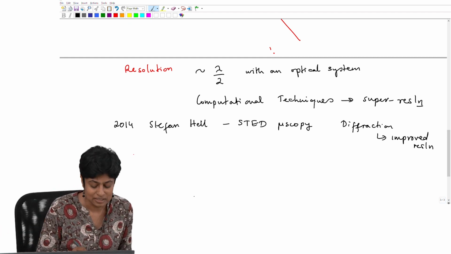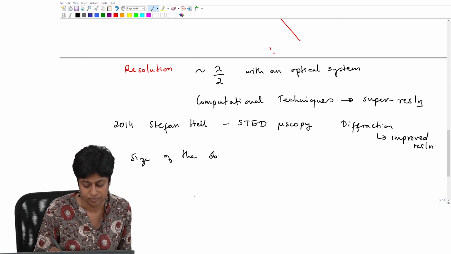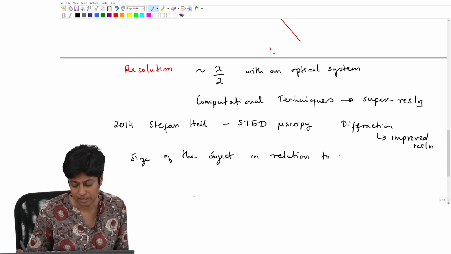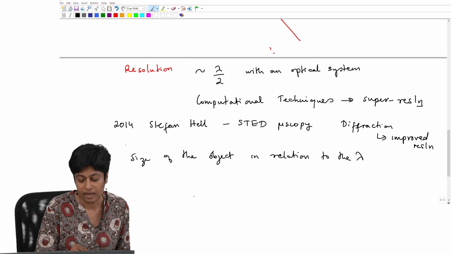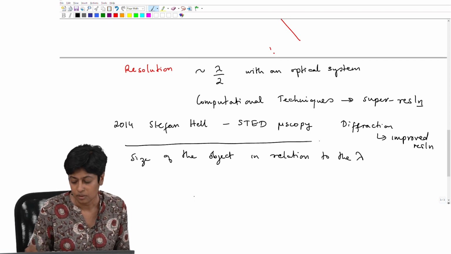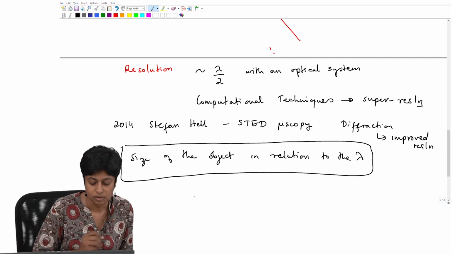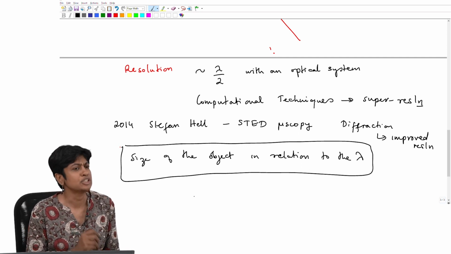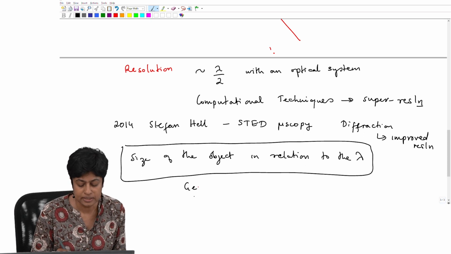So the size of the object in relation to the wavelength, that is what will determine your resolution.